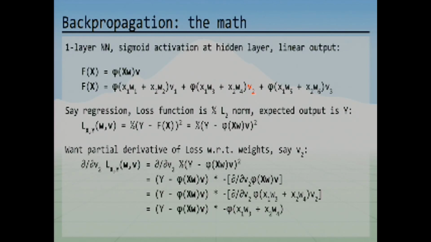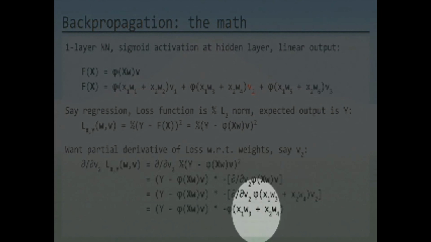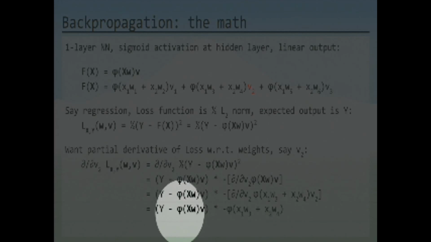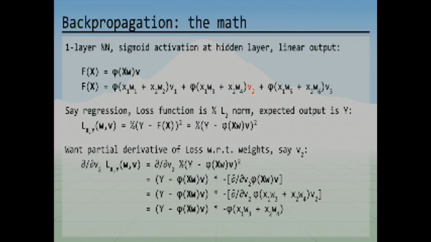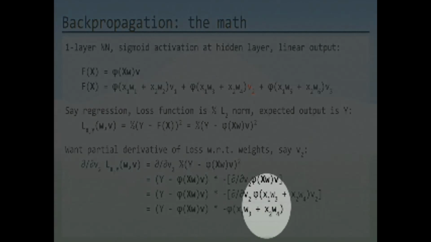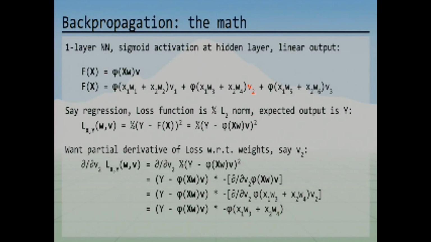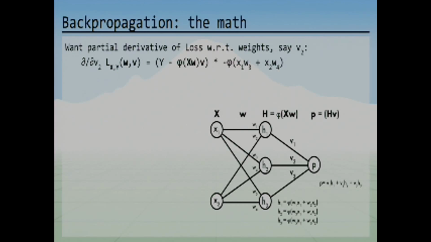And so our weight update is just going to be this term. This term corresponds to the difference between the expected output y and our model's actual output, multiplied by the information coming from h2.